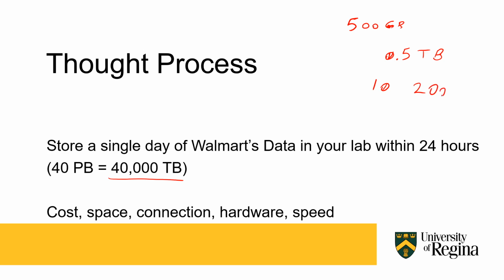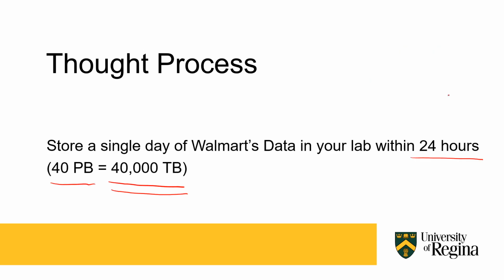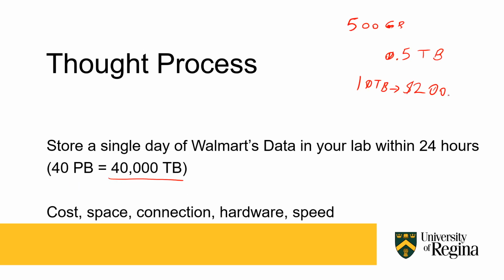So a 10 terabyte drive for $200. How many of those do we need? How many 10 terabyte hard drives do we need? We've got 40 terabytes, so we divide that by 10.